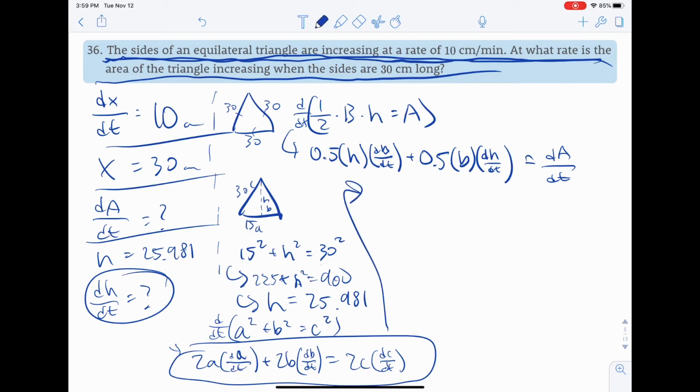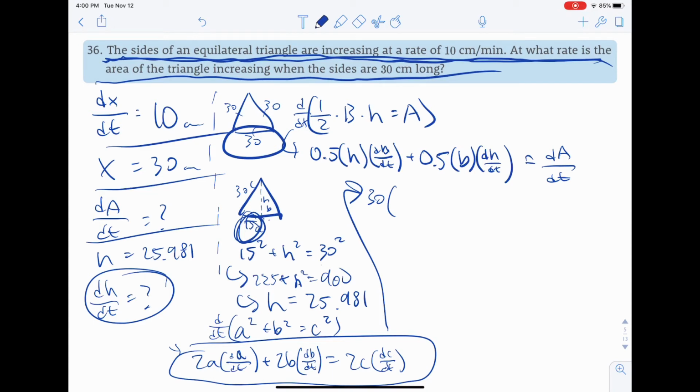Now let's start plugging in. 15 is a, so 15 times 2 is 30. So 30 times da over dt. What's the derivative of this? The derivative of 30 is 10, and since 15 is half of 30, our derivative should be half of 10.